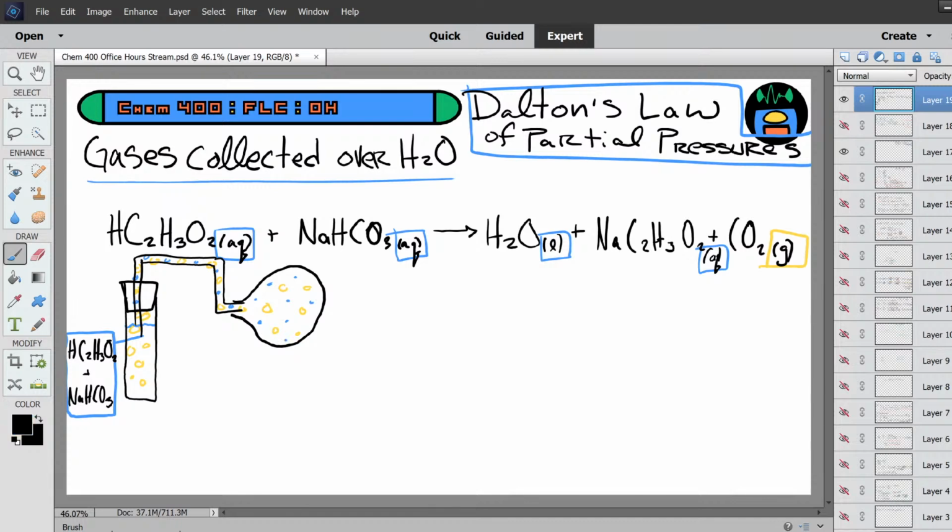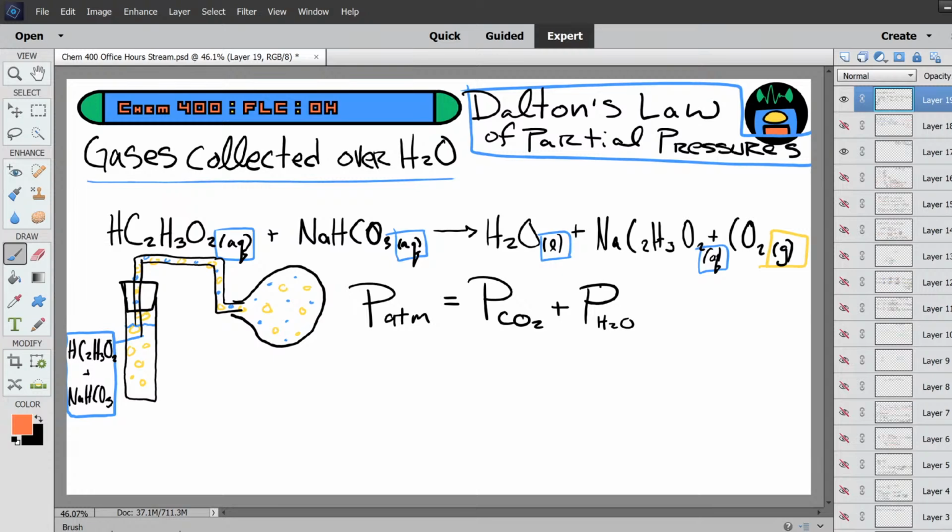So the atmospheric pressure is actually equal to the partial pressure of CO2 gas plus the partial pressure of that water vapor that is mixing with the CO2 gas as it bubbles out of solution.